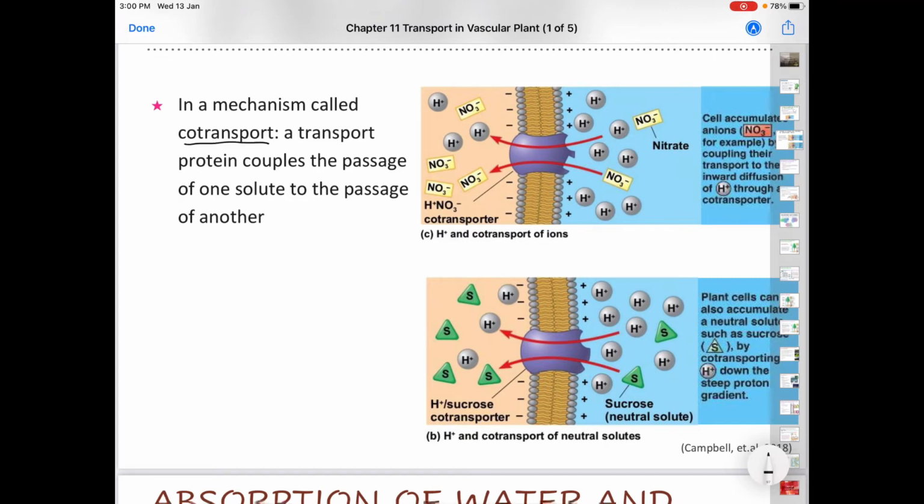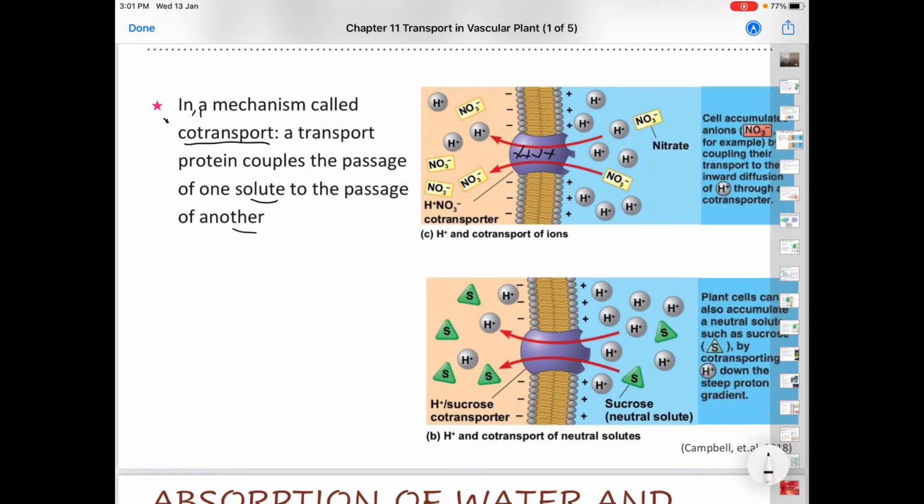So there is a mechanism called co-transport, co meaning together. A transport protein couples the passage of one solute to the passage of another, meaning one protein can carry not only one type of solute, but more than one type of solute.